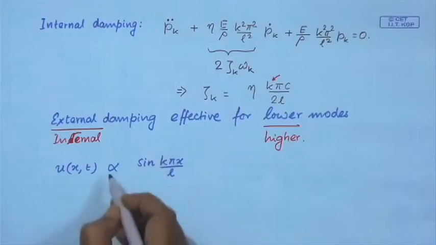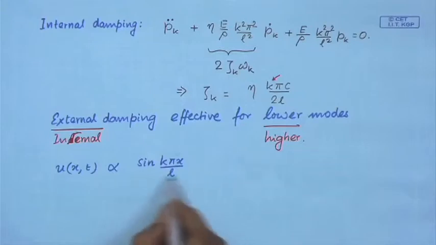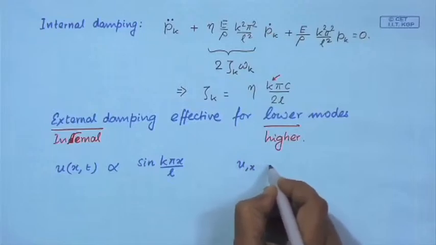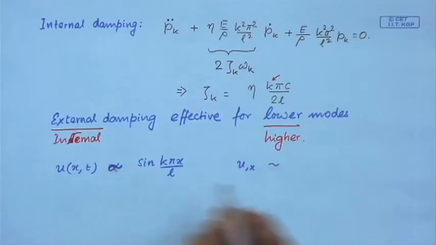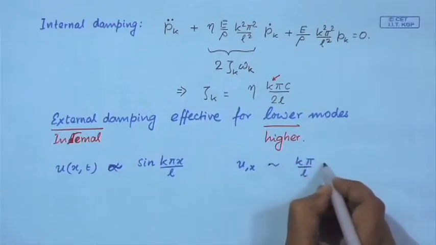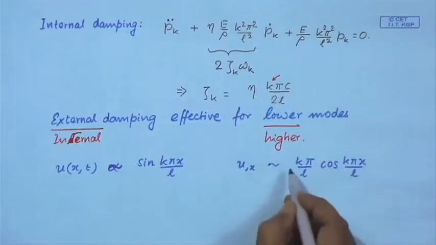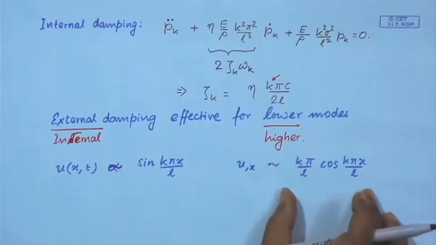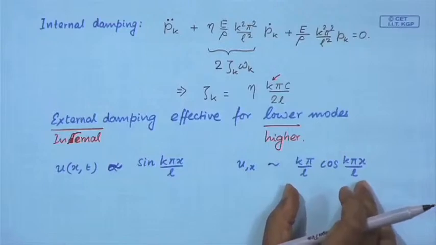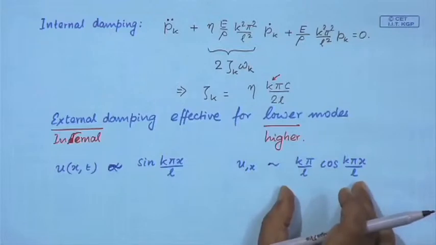If you see this solution, say for example, for this bar, you have terms in the expansion of u like this. So, del u del x, so higher the value of k, higher is the contribution from this strain rate term.